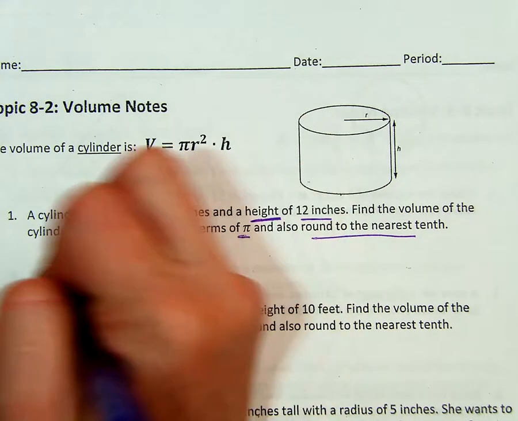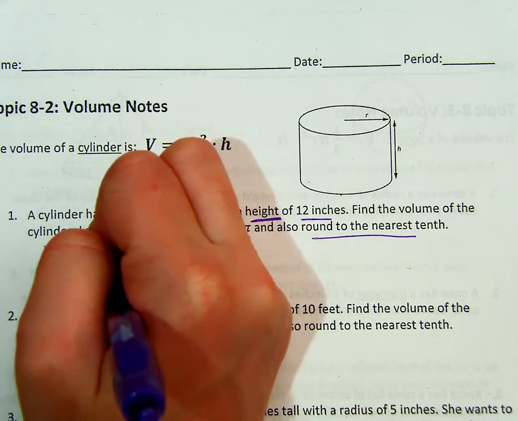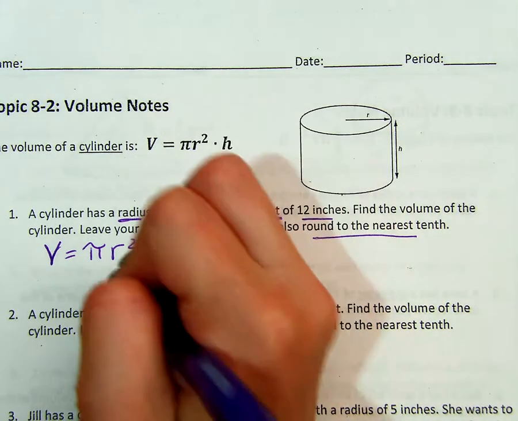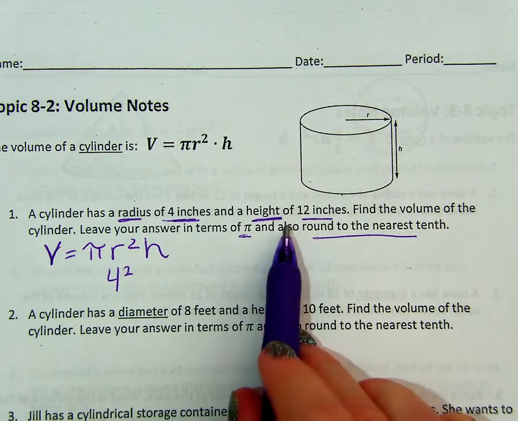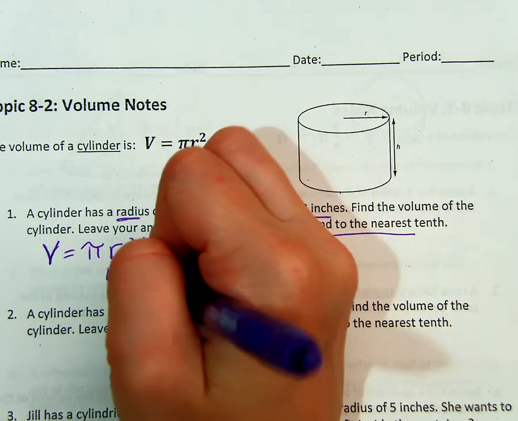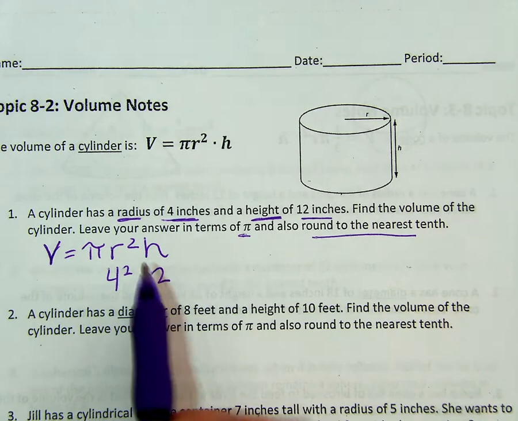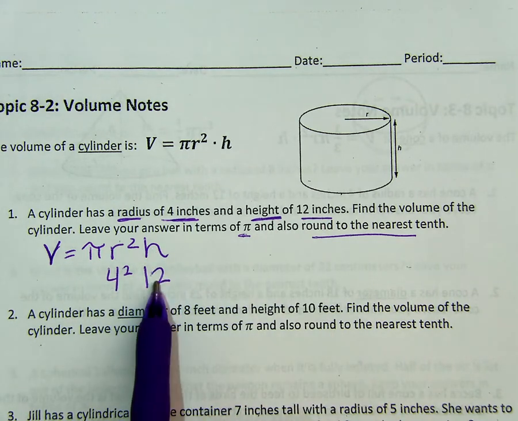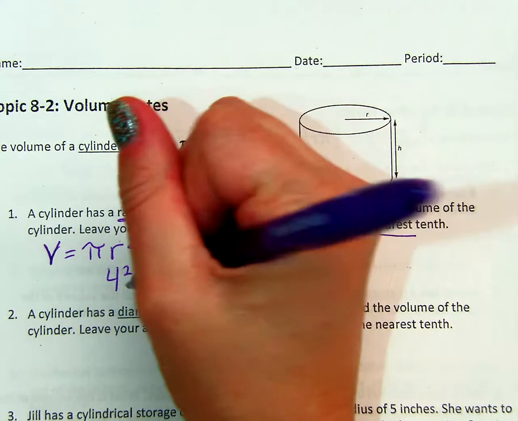V equals pi r squared h. Our radius is 4. Our height is 12. We're going to plug in 4 for our r, 12 for our h. Now anything in between here is always multiplication.